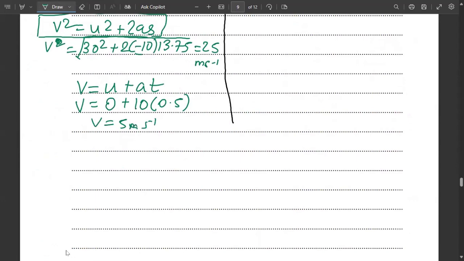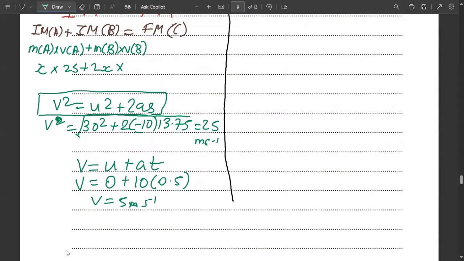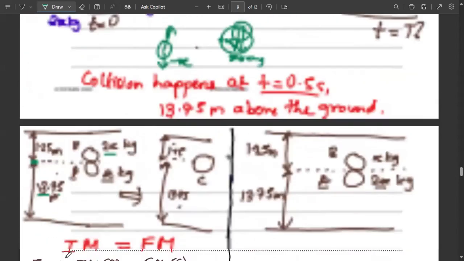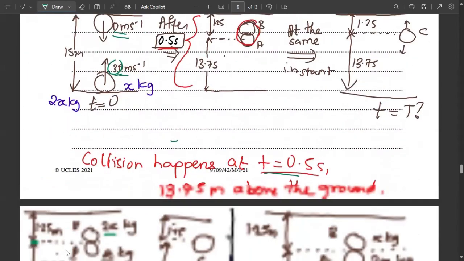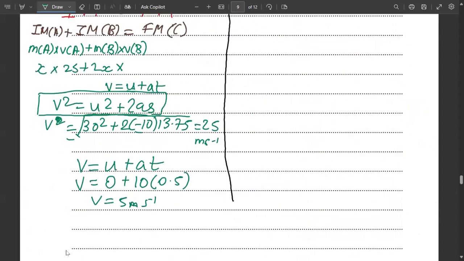We can just check if we are getting the same answer of v equals u plus at with this. So v equals u plus at. The initial velocity of A was 30 meter per second upwards. Therefore, u equals 30. Acceleration will be minus here because velocity we considered upside, minus 10.